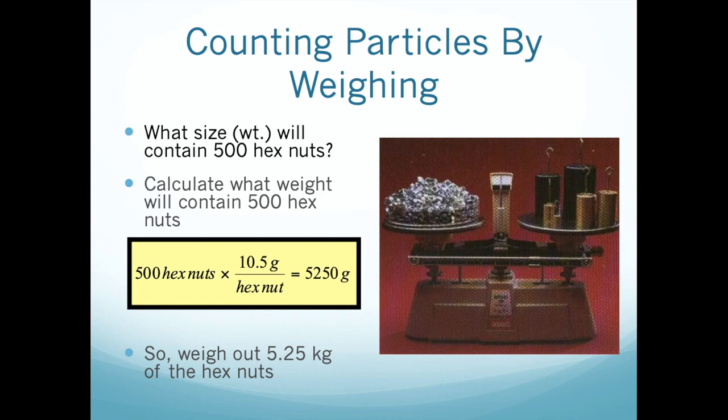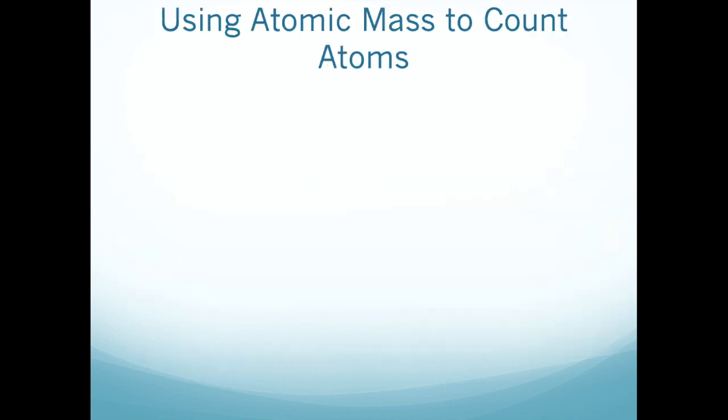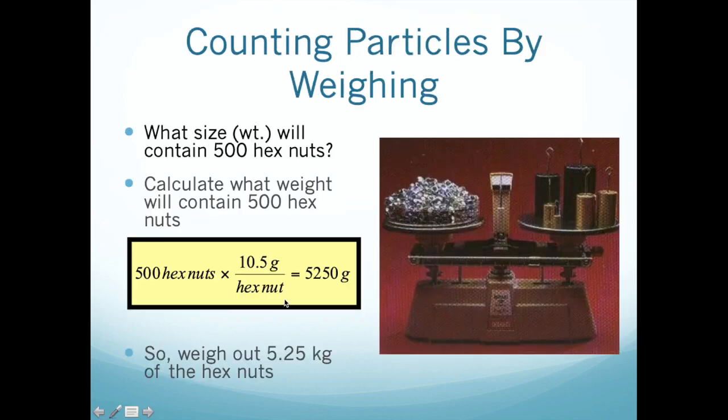You probably would have figured out that we need to multiply, because if we take our 500 hex nuts, multiply by 10.5 grams per hex nut, you can see that the number of hex nuts cancels out, and we get 5,250 grams. So now instead of counting out our 500 hex nuts, we just weigh out 5,250 grams and we give that sample to the customer. And that's it, you're done.